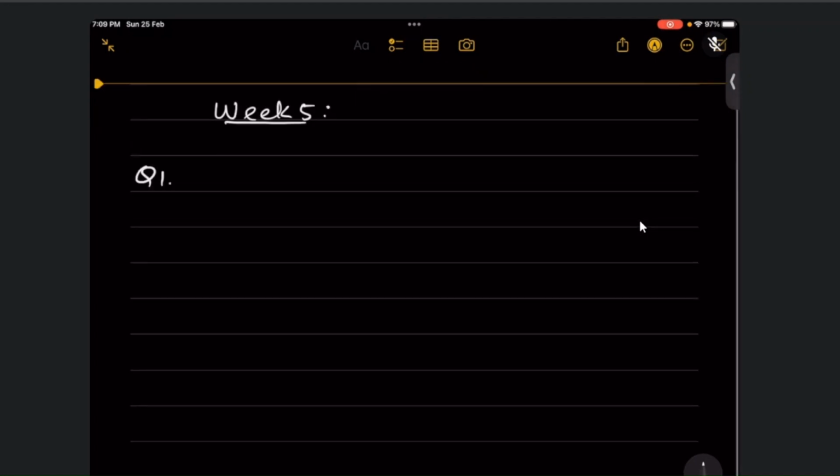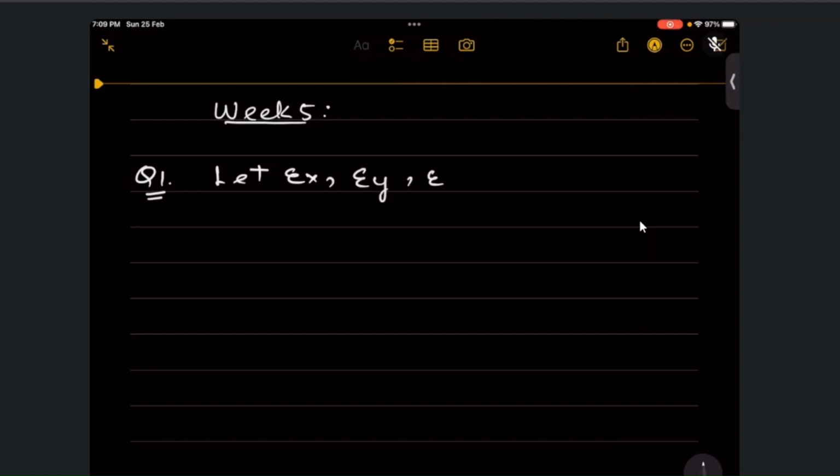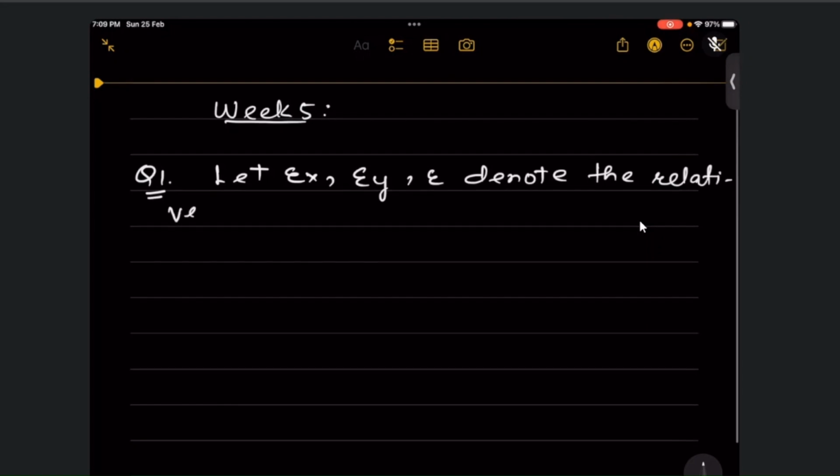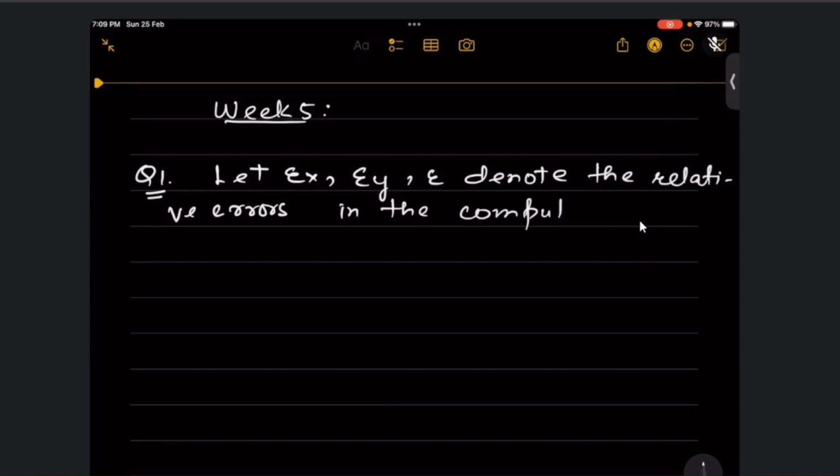So the first question is: let epsilon x, epsilon y, and epsilon denote the relative errors in the computation of x, y, and x plus y respectively.